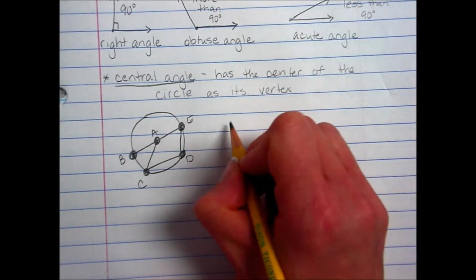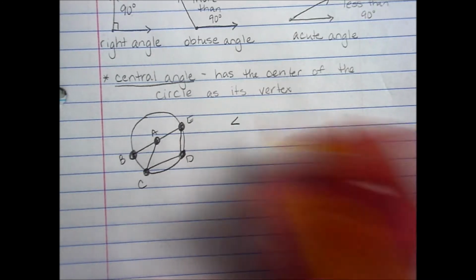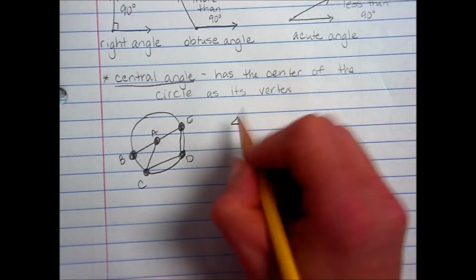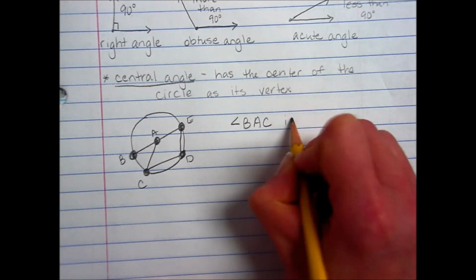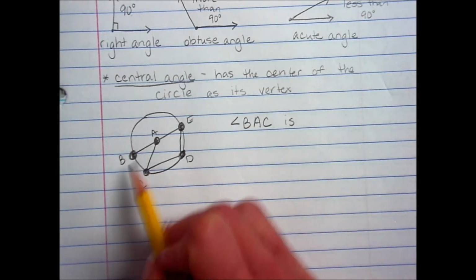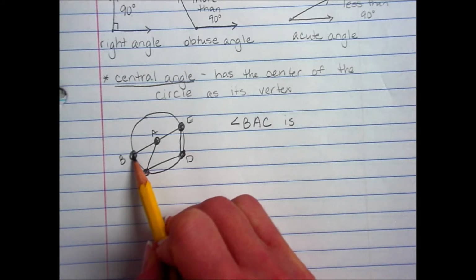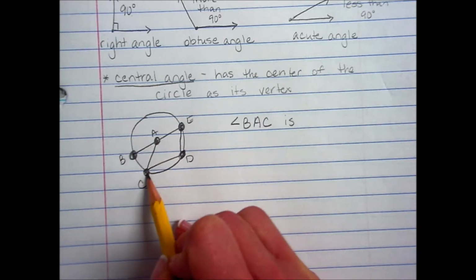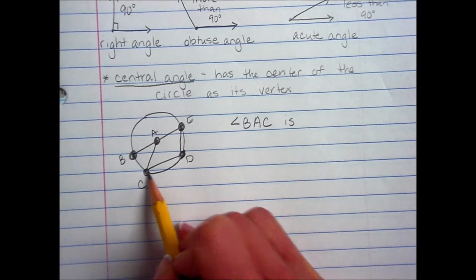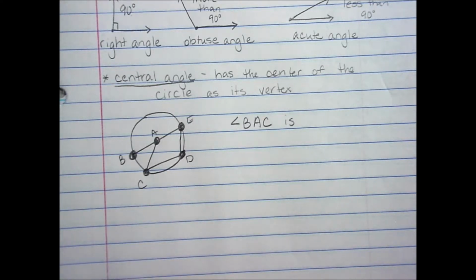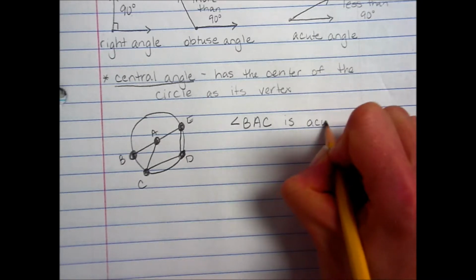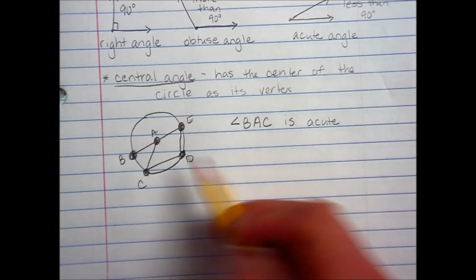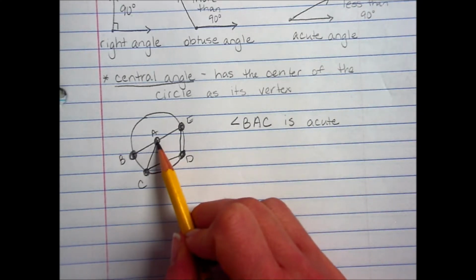If they name an angle, it'll have this little angle symbol. So angle BAC is what type of angle? If you look at BAC, notice it's a cute little angle. It also is central because the vertex is in the center.